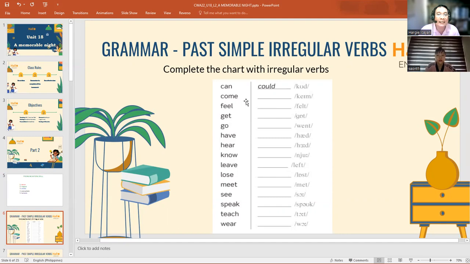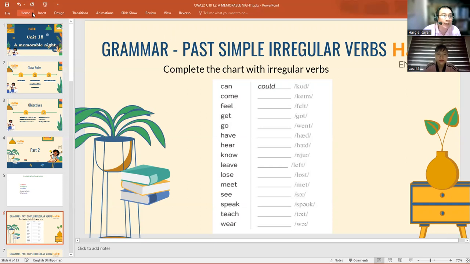Number one, these are the base forms of the verb, and to form the simple past tense we need to change them. Can becomes could. What about come? Came.